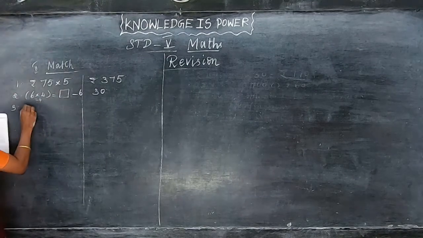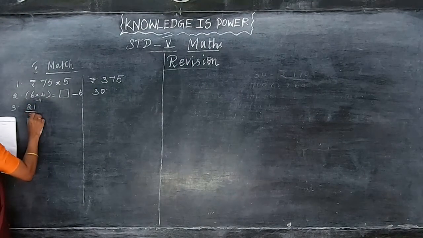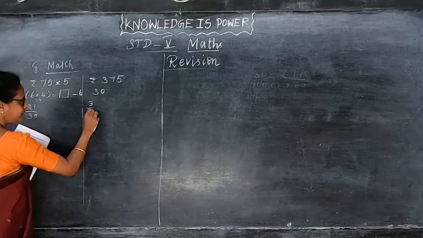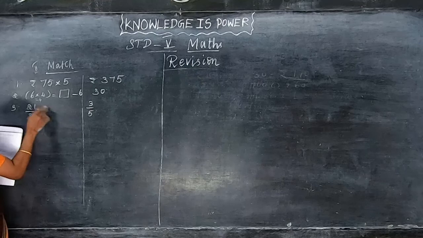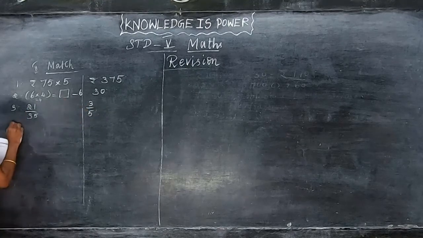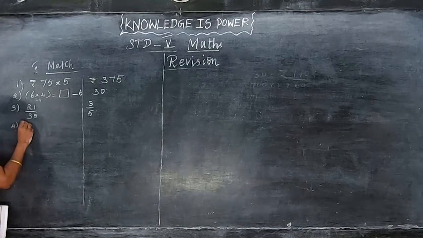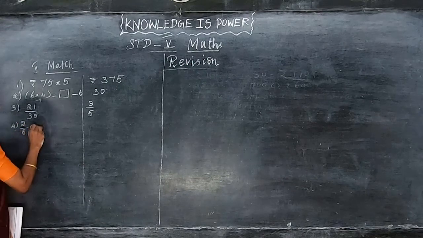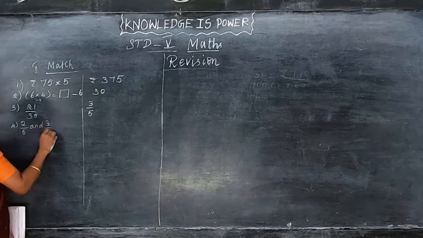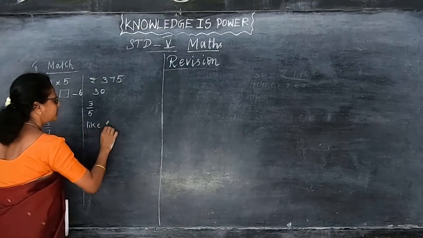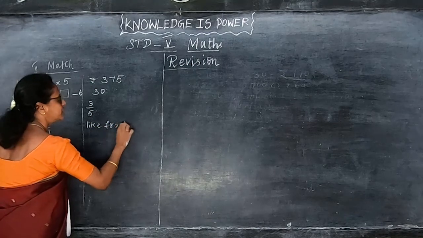The third one, 21 by 35. Then 3 by 5, that is from the 7 table. 7 3s are 21, 7 5s are 35. Then 2 by 5 and 3 by 7 are unlike fractions because different denominators are there.